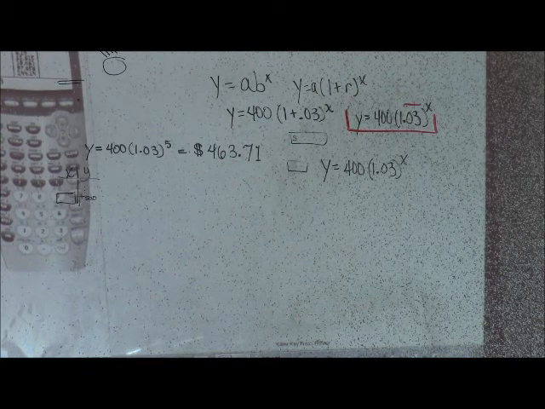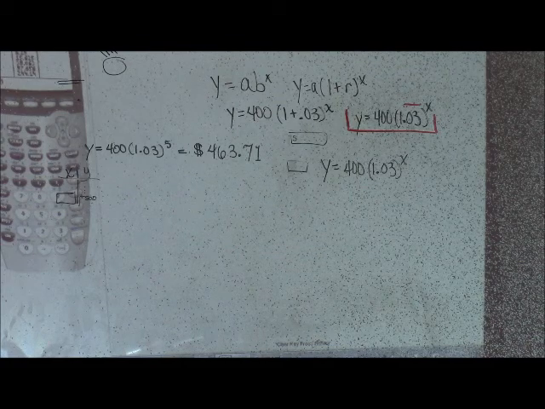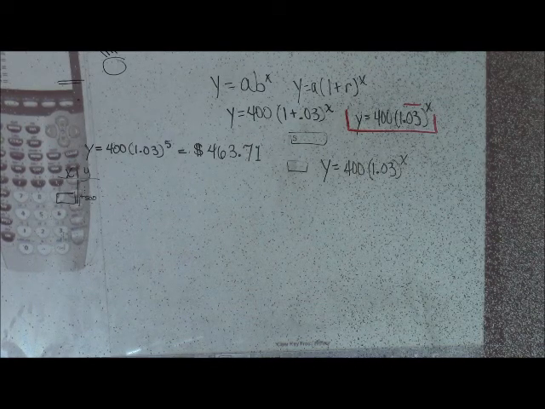And let's do a second mode. Go to Y equals and clear it out. And now let's put in our new equation. 400 times 1.03 raised to the x.